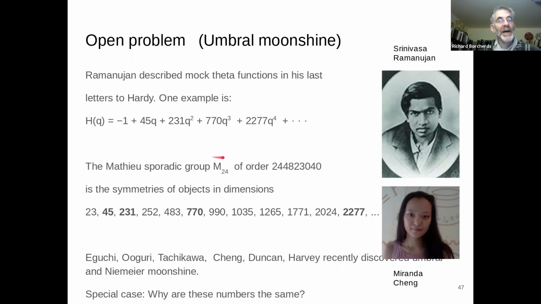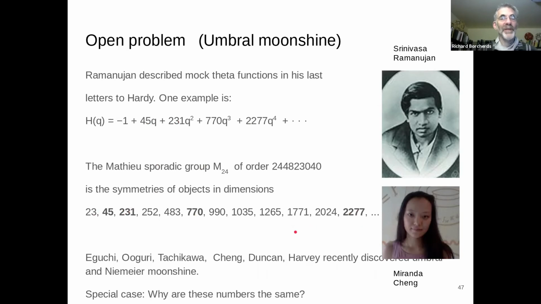On the other hand, if you take the Mathieu group M24 that we discussed briefly earlier, it lives in dimensions 23, 45, 231, and so on. And now if you look at these coefficients, 45, 231, 770, 2277, they're the same as these numbers, 45, 231, 770, 2277, and so on. And nobody knows why.